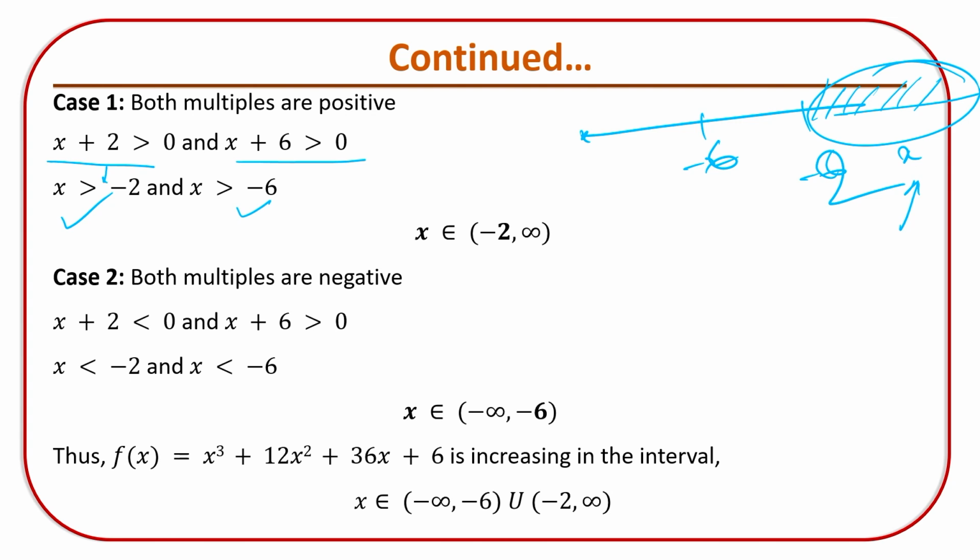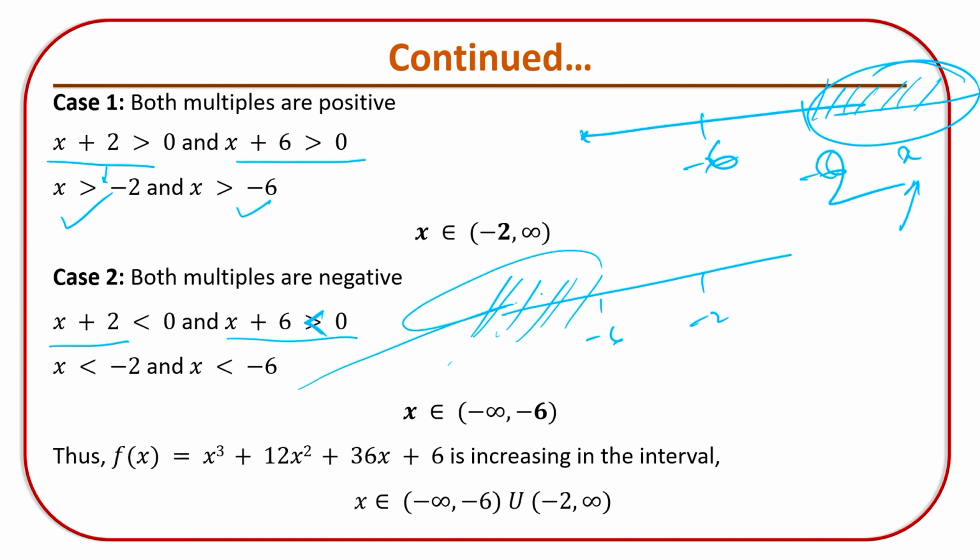And again the second case will be both are negative. So x plus 2 is less than 0, x plus 6 is less than 0. So what will it come? It will come minus infinity to minus 6. So taking this interval, from minus infinity to minus 6, the function is increasing.